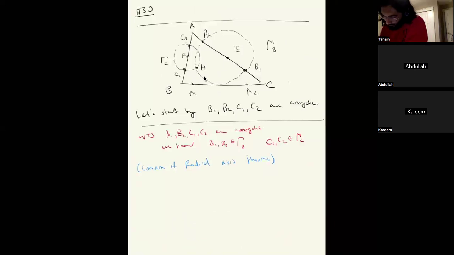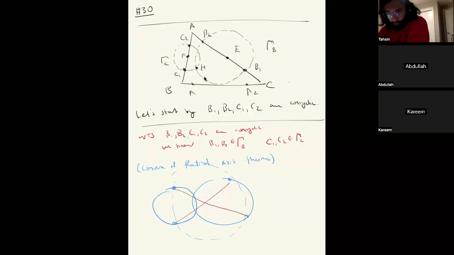What we would want is, so we have a circle here and a circle here, and we have these points. And no, that's not right. And then we want to show these are concyclic. So you're saying that you want to show that this one and this one intersect on... it shouldn't be quite that, right?